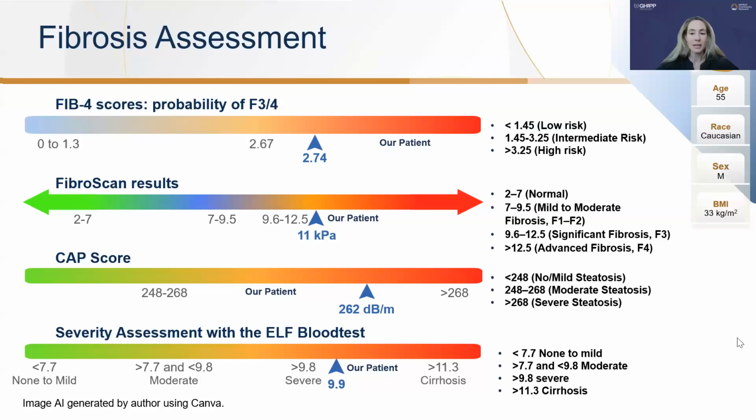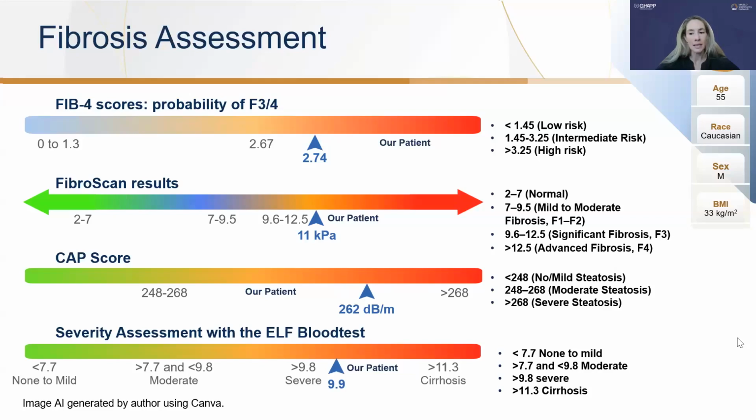We happen to get an ELF test on this patient. I'll be honest, I don't order a lot of ELF tests in my clinical practice, mainly because I'm worried about insurance coverage with the test and I don't want the patient to get a big bill. But the ELF test is a proprietary serum-based test that measures 3 biomarkers of fibrosis.